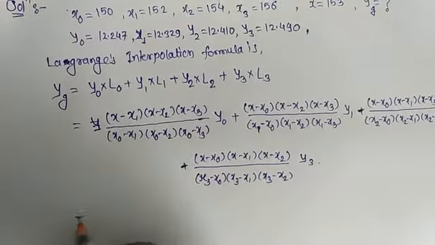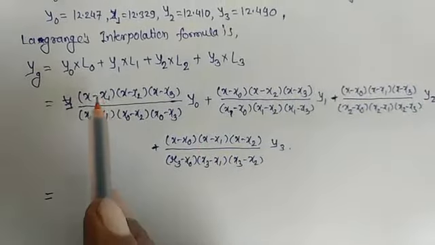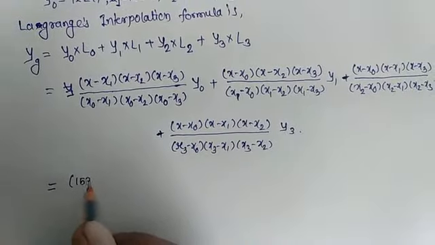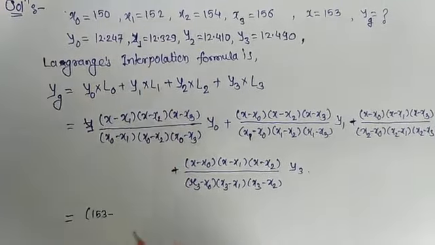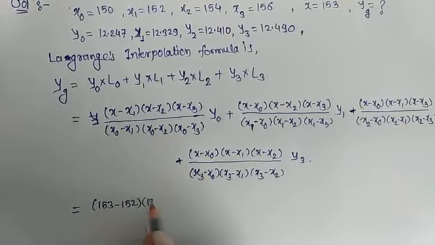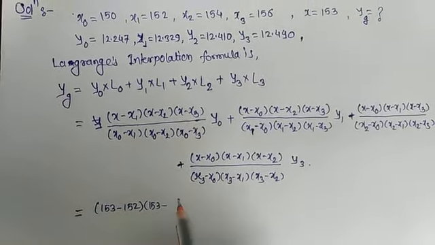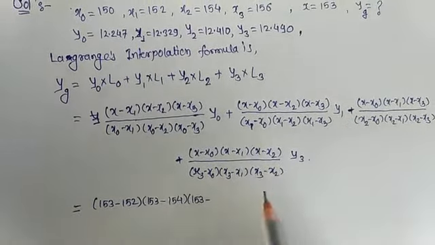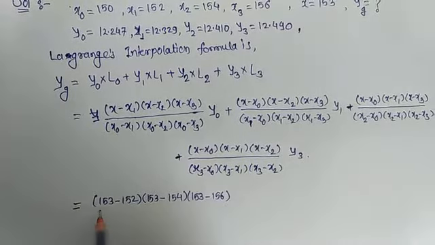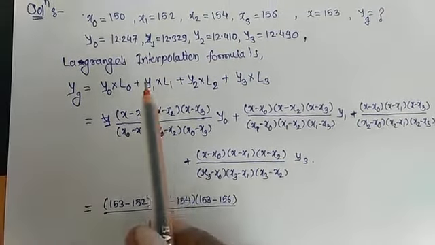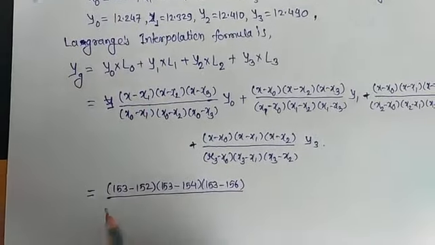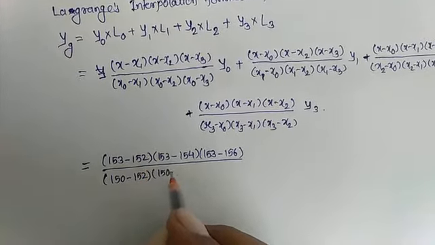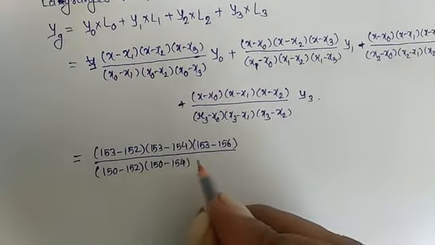So here it will become, first x minus x1, that means the given value of x is 153, so 153 minus x1, x1 is 152, next 153 minus x2 is 154, next 153 minus x3 is 156, divided by x0, value of x0 is 150, so here it will be 150 minus 152, 150 minus 154, 150 minus 156.